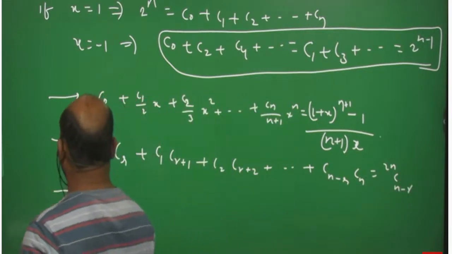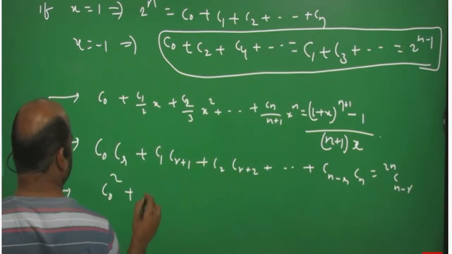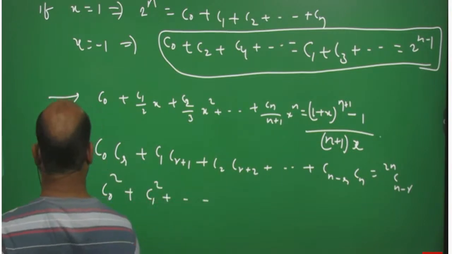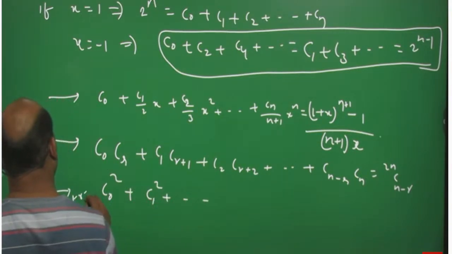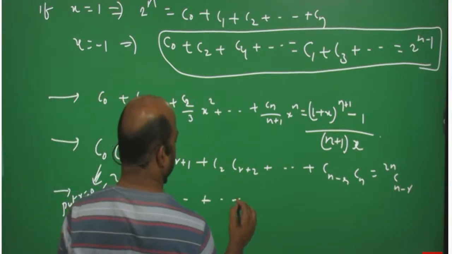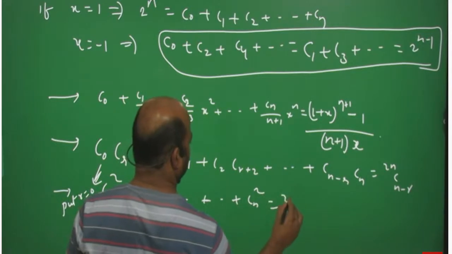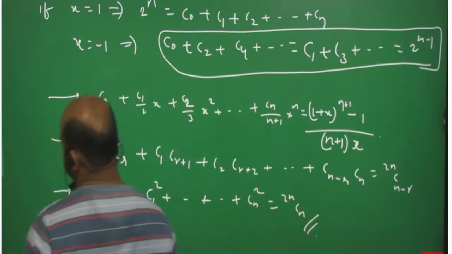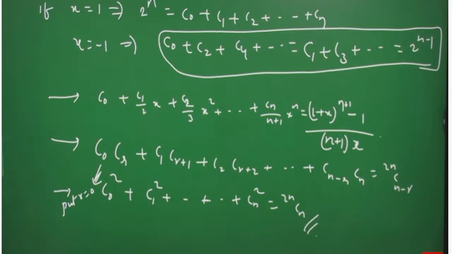When I put r equal to 0, can you say what you will get? Sum of squares of the coefficients. So put r equal to 0 there, 2n Cn. The next one is, shall I move to the next?